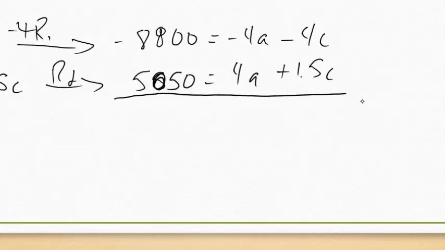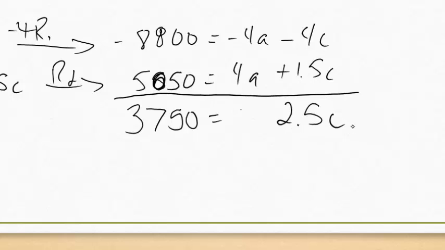Now we have our two equations. Let's go ahead and add down. -8,800 plus 5,050 is 3,750, I believe, equals -4A plus 4A is 0, and -4C plus 1.5C is -2.5C.